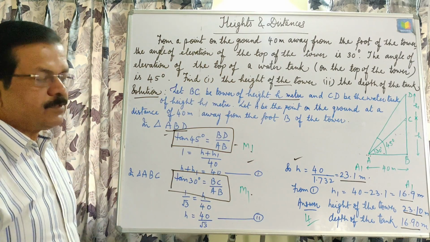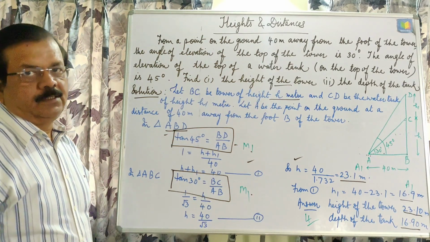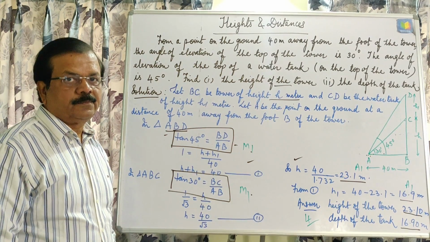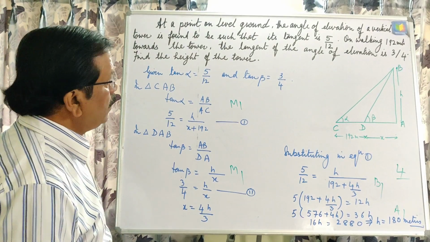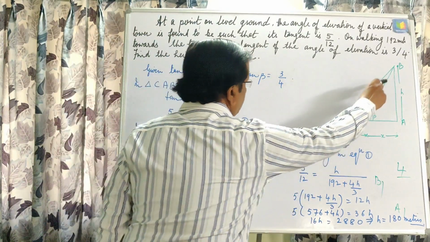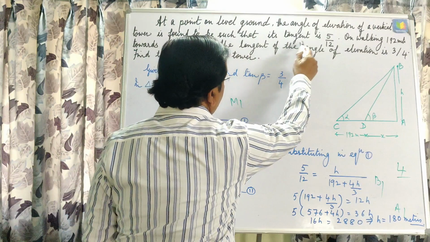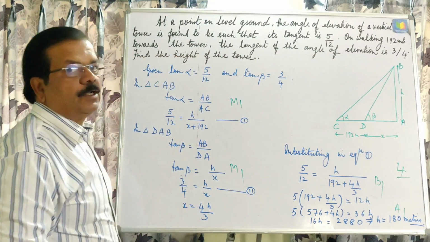Now again in the next question you will see another type of figure. Now next question. At a point on level ground, the angle of elevation of a vertical tower, this is the vertical tower, is found to be such that its tangent is 5 upon 12.